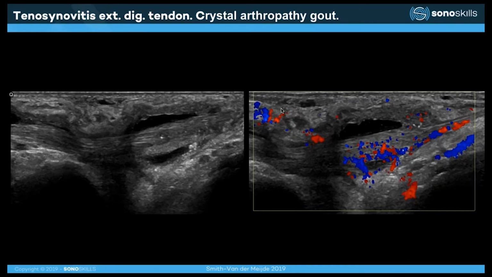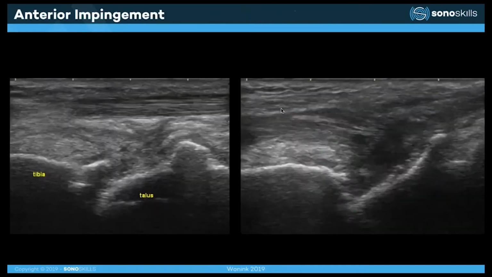We can also see that there is a positive Doppler signal, so there is an inflammation process going on. So be aware of other diseases too: that hyperechoic reflection is not always just a calcification, but sometimes it's a cue or a clinical sign for a specific disease process.